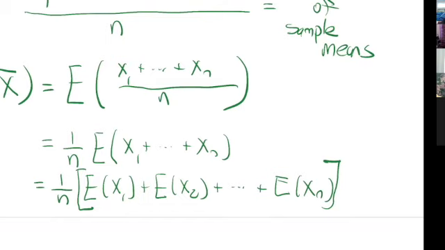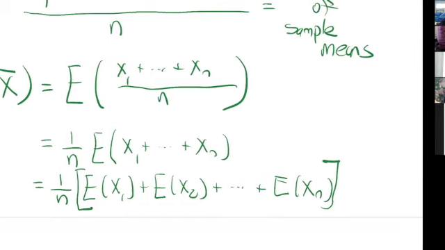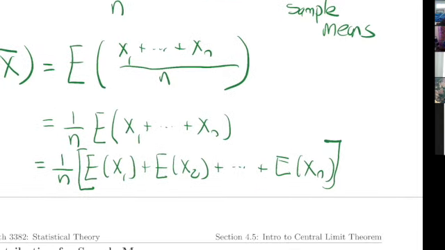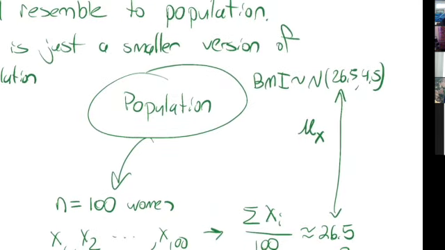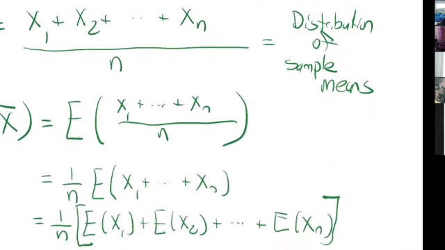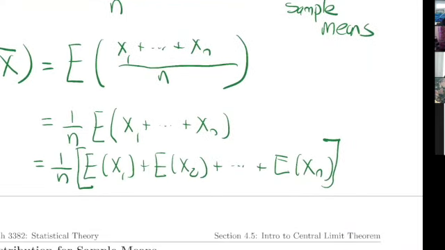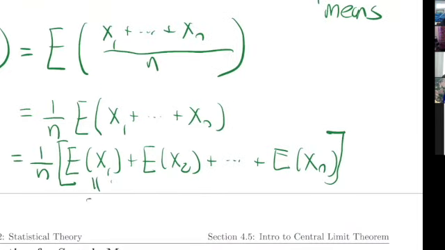So this is using the linearity of expected value. And since each of these x's is being picked from the same population, where the mean is 26.5, I know that the expected value of each of these x's is 26.5.